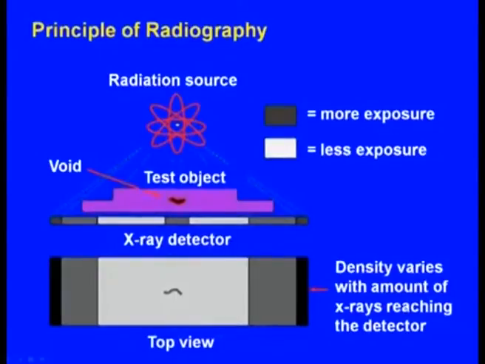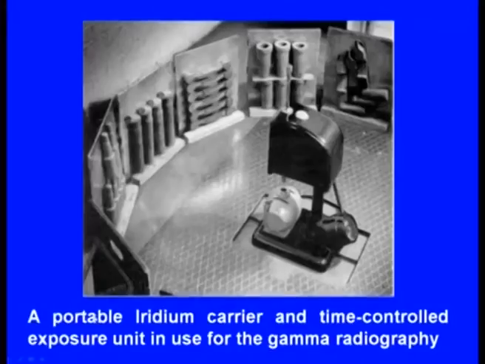Density varies with the amount of X-rays reaching the detector. That is how a defect or crack can be easily found on the X-ray film. So, this is the principle of radiography.